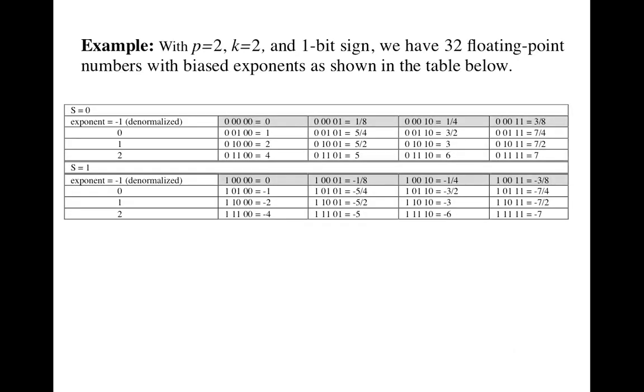So when you have k equals 2, the denormalized numbers that we shall write here, with 2 zeros filling out the exponent portion, simply give us an exponent of -1, and that exponent would then be multiplied with, in this case, 0, because the mantissa is entirely 0.